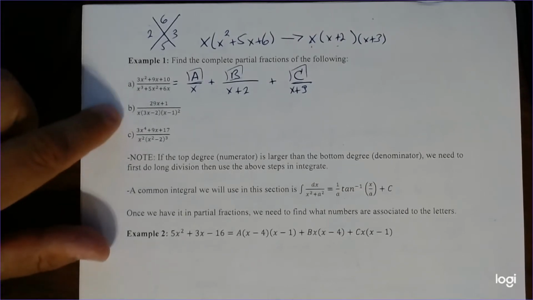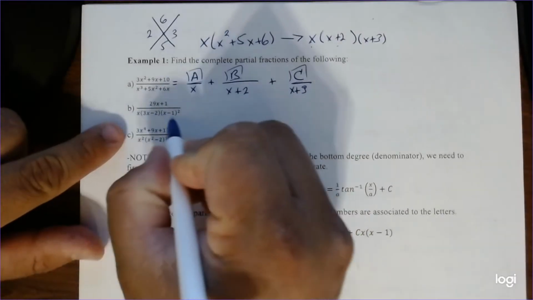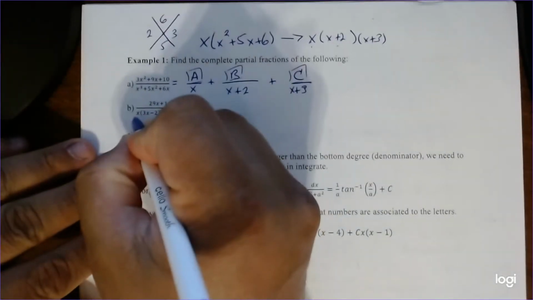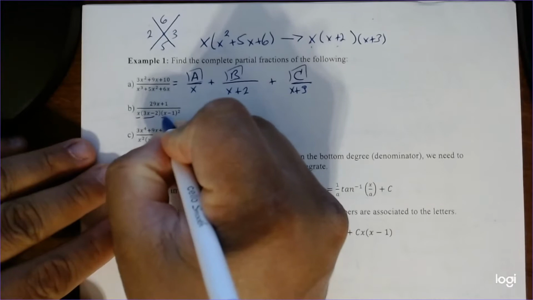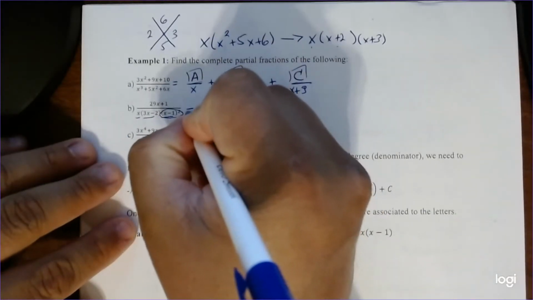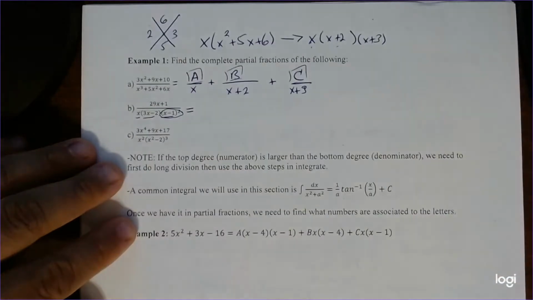Let's try some more down here. It's already factored completely, so we actually have four different factors in this case: 1, 2, 3, and then 4 combined. Every single factor must be associated with a fraction.